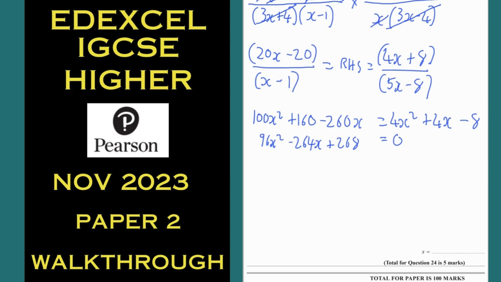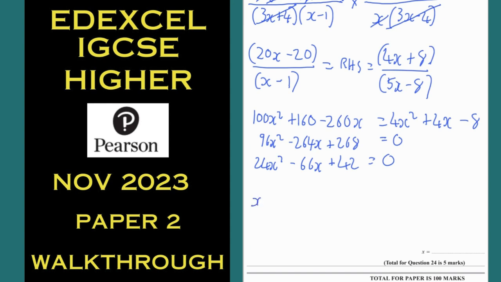I always like to make numbers smaller if I can. They're all in the 4 times table. So let's just divide everything by 4. It's definitely not going to factorise. Oh, they divided by 8. Never mind, doesn't matter. That's where I started using the quadratic formula.